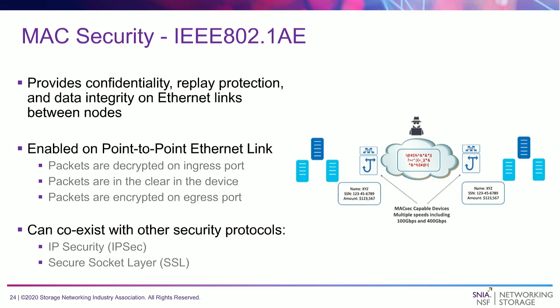So if you think about it, anything that happens within the data center, as Ariel was talking about, will be encrypted on a hop-by-hop basis. The network device will see it in the clear, send it out encrypted, and then decrypt it. What is important here is that the network can continue to forward all the packets as seamlessly as it can.